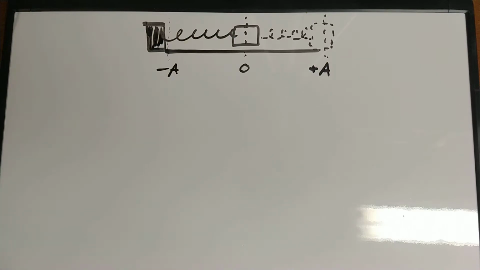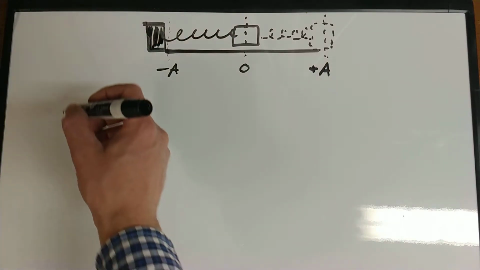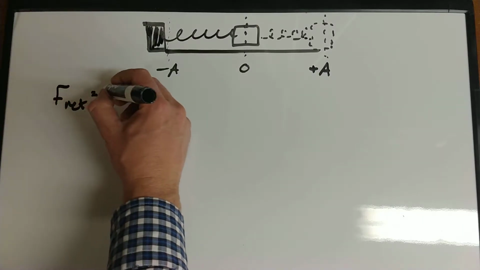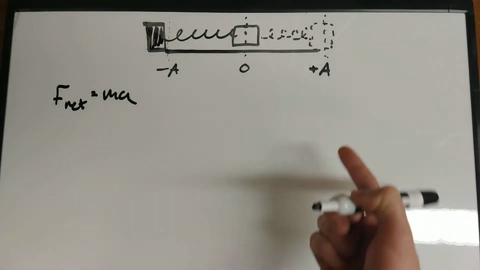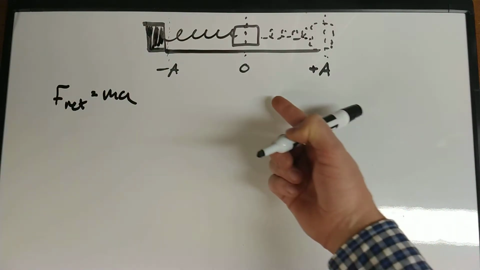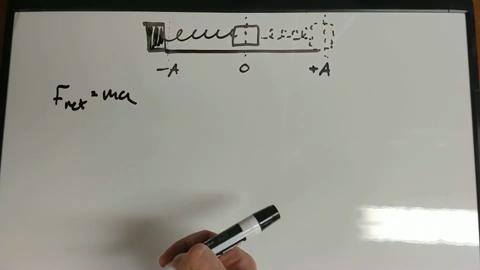There's 2 ways to do that. One way is to use Newton's second law, F net equals ma. And the other way is to use the equation of motion and take 2 derivatives of it. The equation of motion is the position as a function of time.